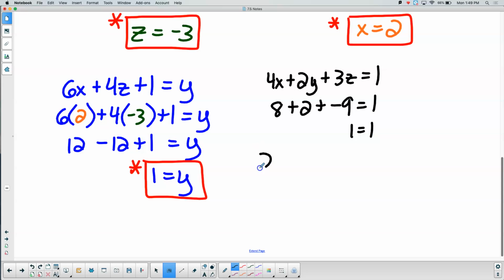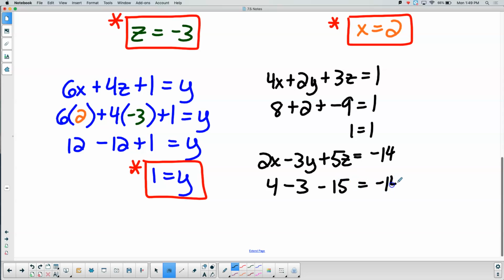Second equation was 2x minus 3y plus 5z equals negative 14. 2 times 2 is 4. 3 times 1 is 3. 5 times negative 3 is negative 15. 4 minus 3 is 1. Minus 15 is negative 14.